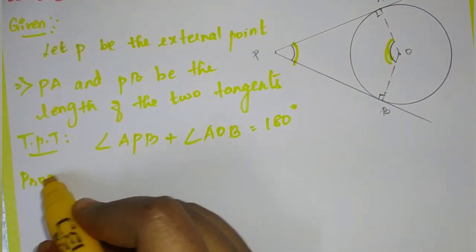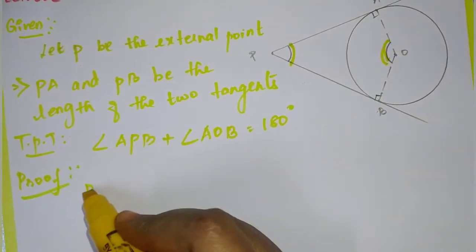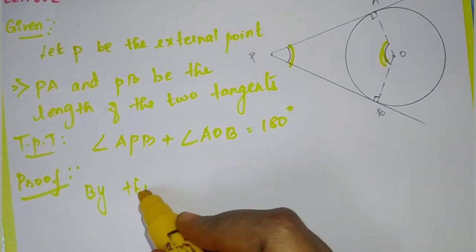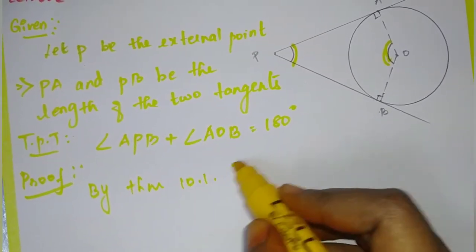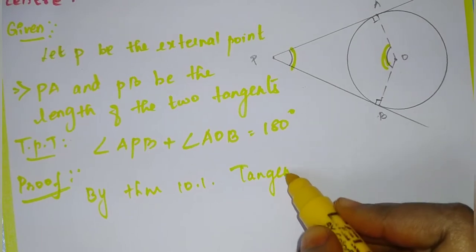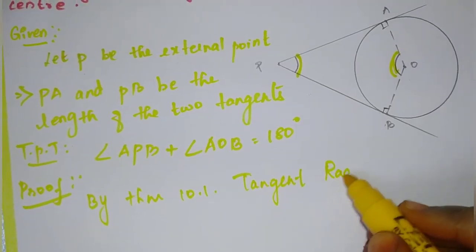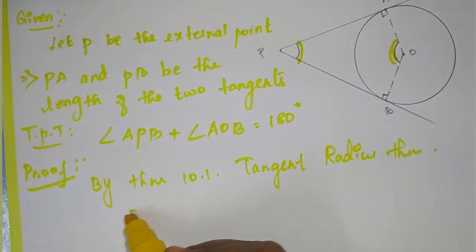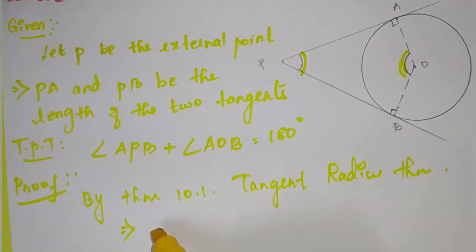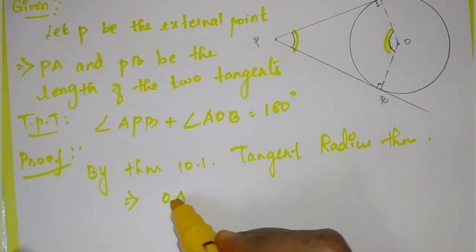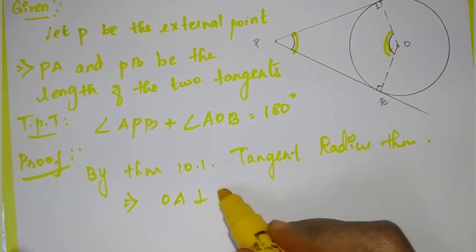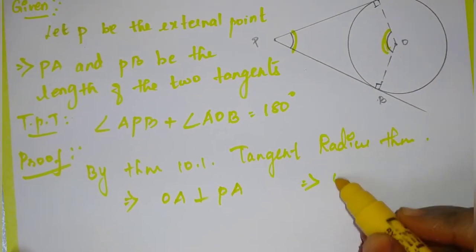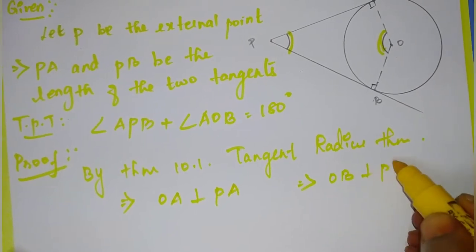Okay. So, by theorem 10.1, the tangent radius theorem, we can tell that OA is perpendicular to PA and OB is perpendicular to PB.